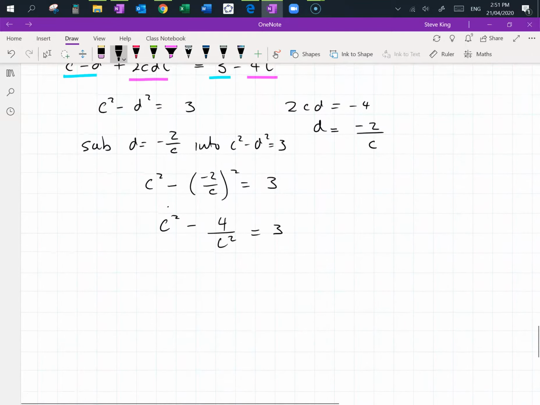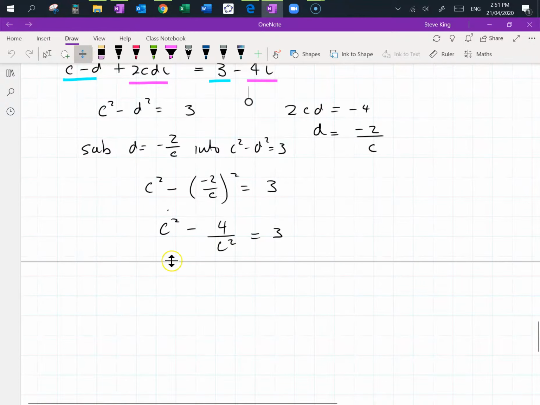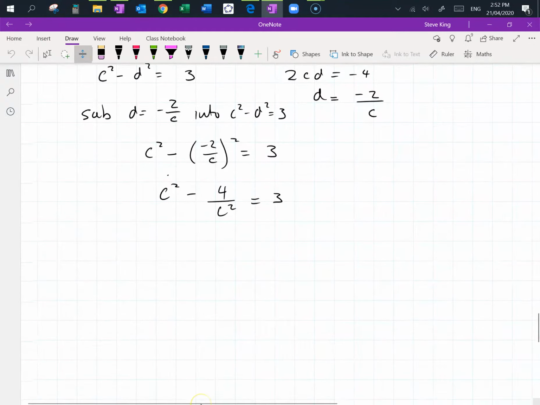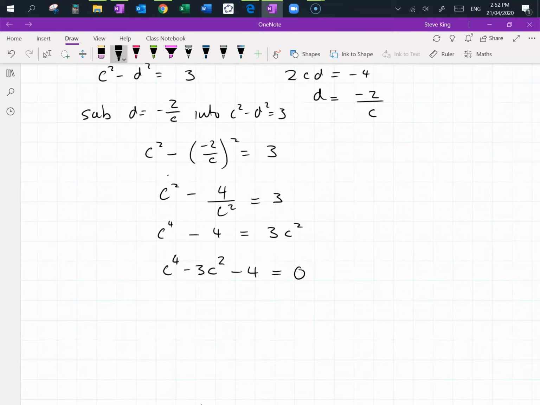Now, I need to get rid of the fraction, so I'm going to multiply everything through by c squared. So I'm going to get c to the power 4 minus 4 is equal to 3c squared. And if I bring everything to one side, I'll get c to the power 4 minus 3c squared minus 4 equals 0.